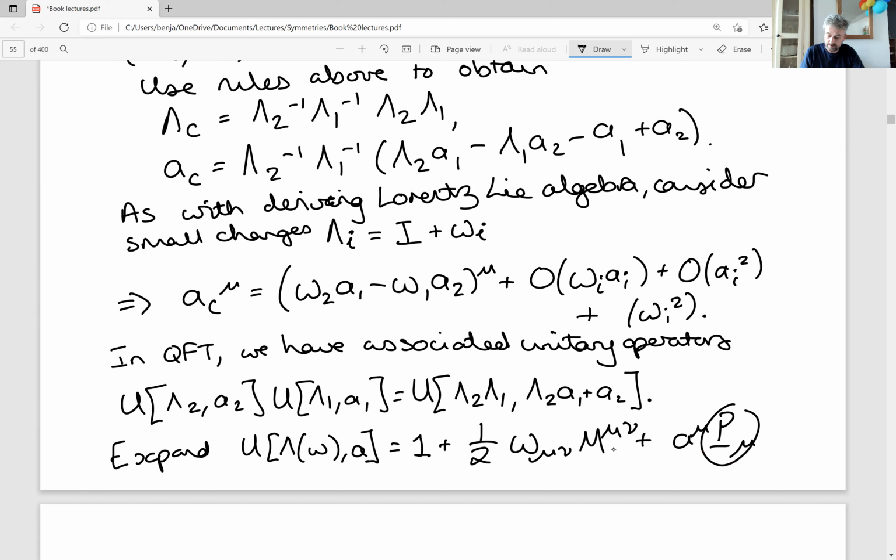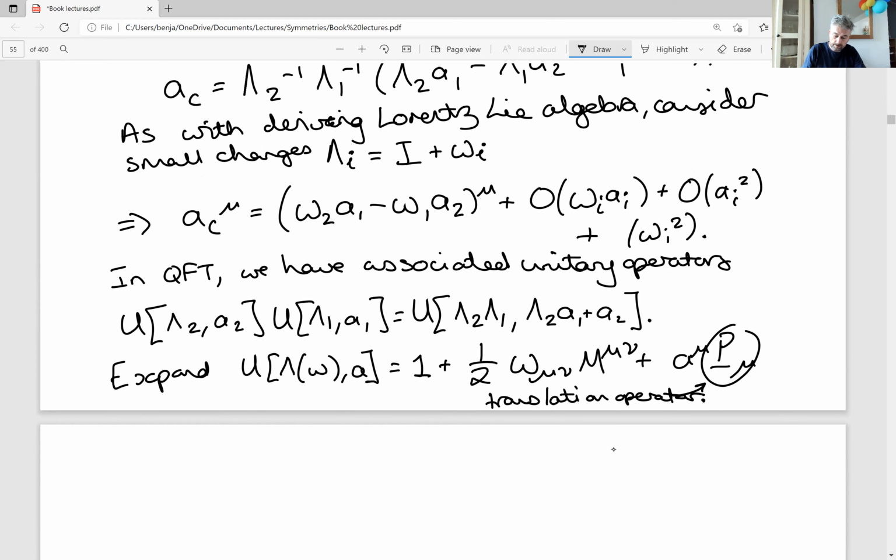So this big P^mu is a translation operator. It acts on quantum states. M, these big M's, as we said before, are now promoted to operators that act on quantum states and give back eigenvalues of angular momentum, etc. This operator also has terms of order omega squared, a squared, and a omega.